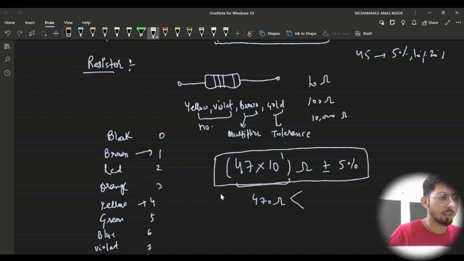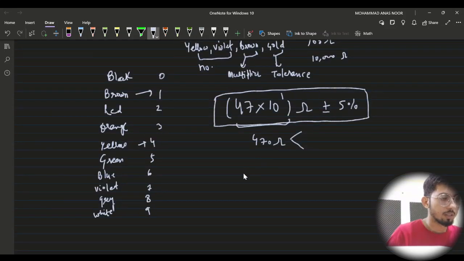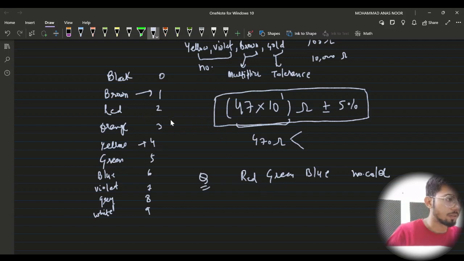Similarly, you are given red, green, and then blue, and then no color. So this is a question. I want to find its resistance. The first color and the second color represent the number itself. So red is associated with 2, so 2. Green is 5, and multiplied by 10 to the power of the color blue.